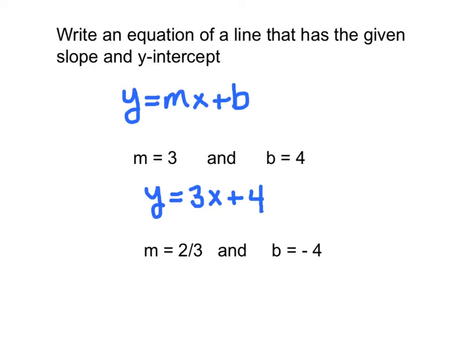If we're given that our slope is equal to 2/3 and our y-intercept is equal to -4, again we're going to plug into slope-intercept form and our line will have the name y is equal to 2/3 times our independent variable x, and our y-intercept is -4. I'm going to write that as minus 4.